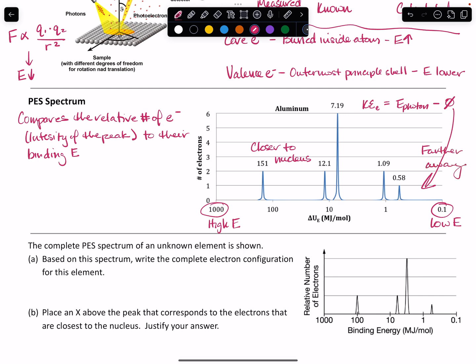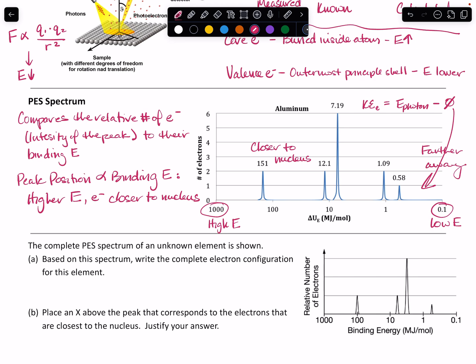So that peak position is proportional to the binding energy. Higher energy, electrons closer to the nucleus. And again, the intensity of that peak tells you the number of electrons that were there.